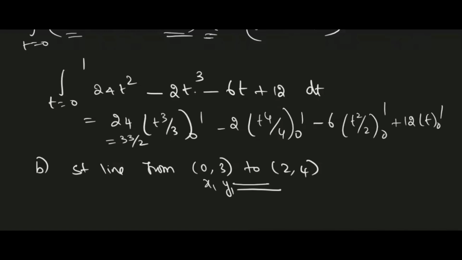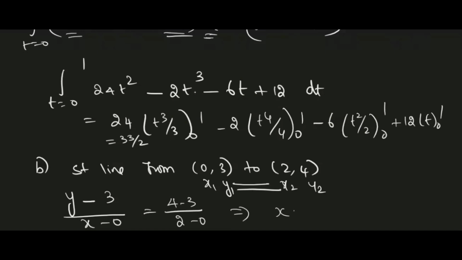Remember, we have the formula: y minus y1, y1 is 3, divided by x minus x1, x minus 0, that is equal to y2 minus y1, 4 minus 3, by x2 minus x1, 2 minus 0. If you cross multiply and simplify, you will get x is equal to 2y minus 6.